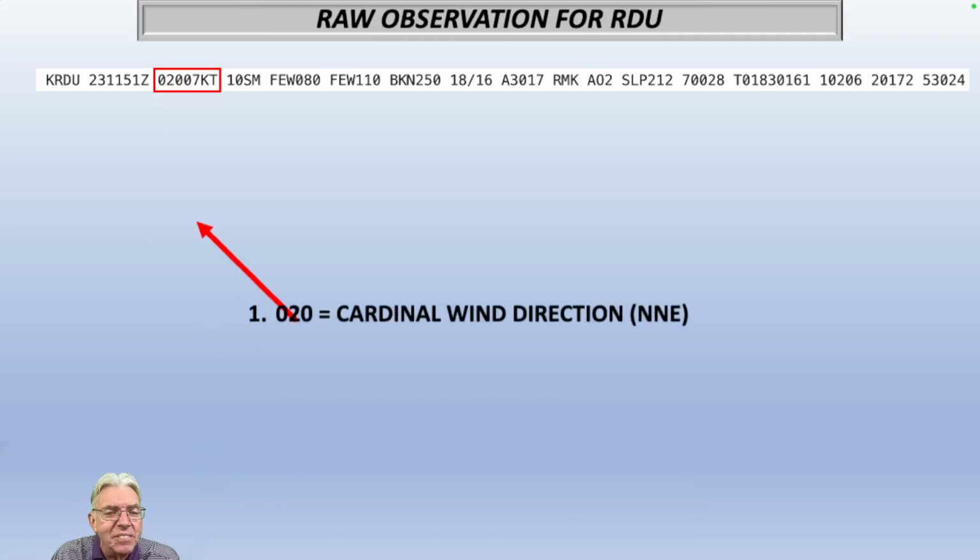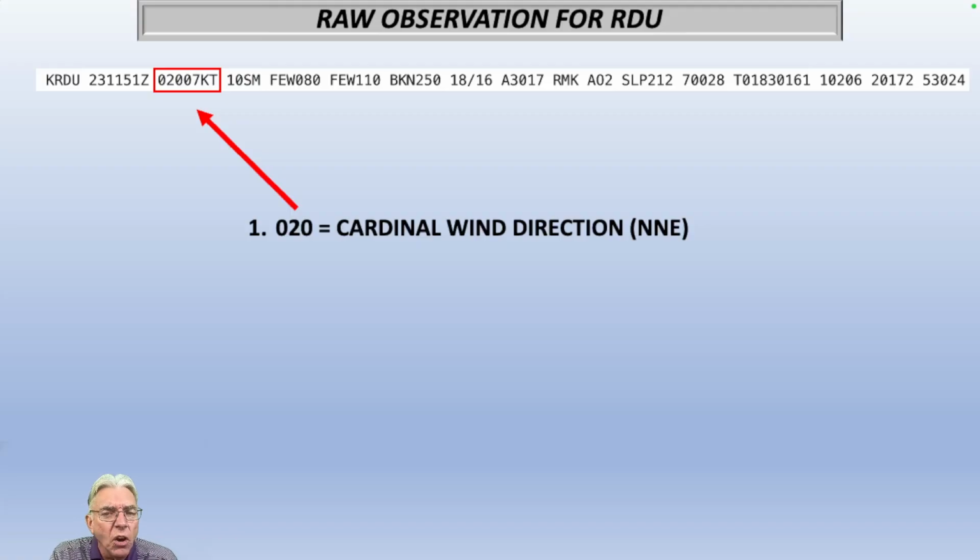All right, the next group, 02007KT. The 020 is the cardinal wind direction, which in this case is north-northeast. Think about a compass where 0 is north, 90 is east, 180 is south, and 270 is west. So 020 is 20 degrees to the east of being due north. So it's a northerly breeze, slightly north-northeasterly.